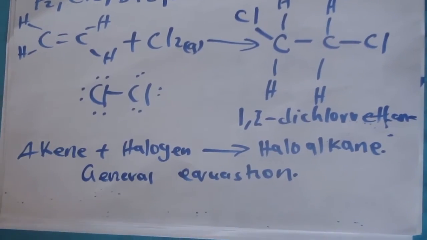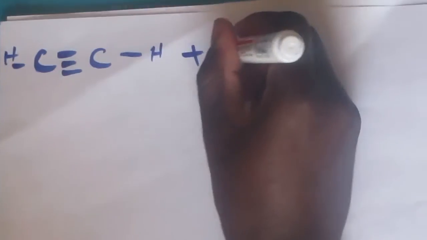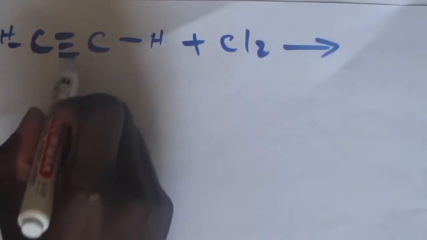Now, let us consider an alkyne and see how the reaction is taking place there. When we look at a compound like ethyne, let us react it with a halogen like chlorine. Here we will have, first of all, the triple bond opening up to remain with a double bond.